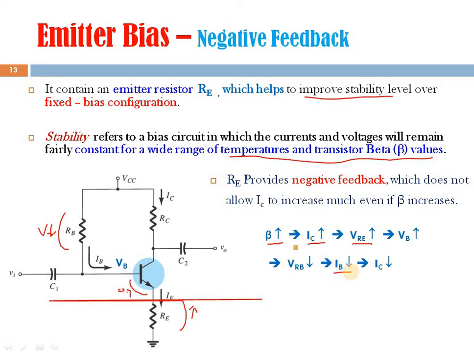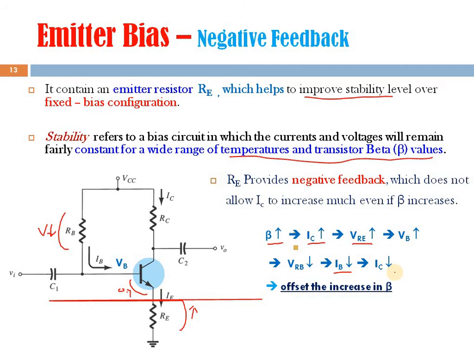You see here base current is decreasing, and if base current is decreasing, you know collector current is dependent on the base current. If base current decreases, collector current will decrease. So what is happening? All this process offsets the increase in beta. So what were we expecting? We were expecting that if beta is increasing, this collector current should increase, but this loop, you see, is designed in such a way that the IC is decreasing, right?